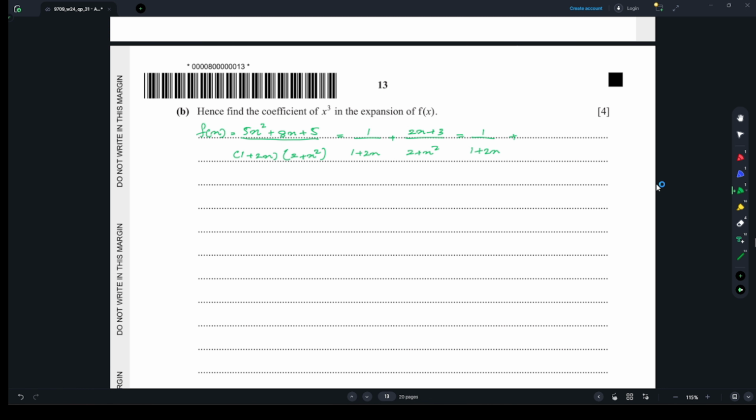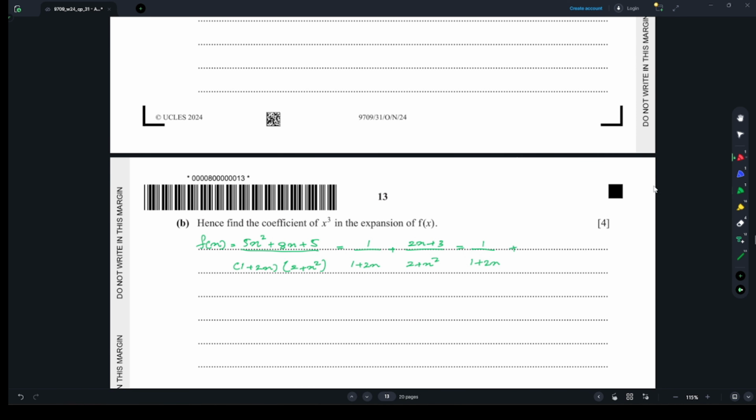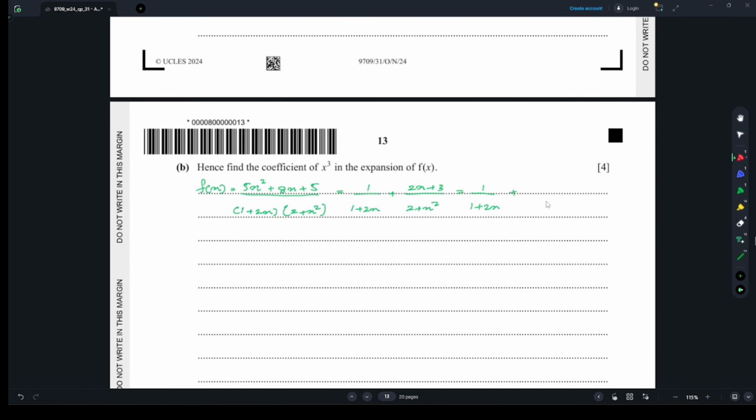And then, okay, if you remember, let me show you. I hope you guys remember. Okay, when n is not a positive integer, let's say here you have a plus x to the power n.